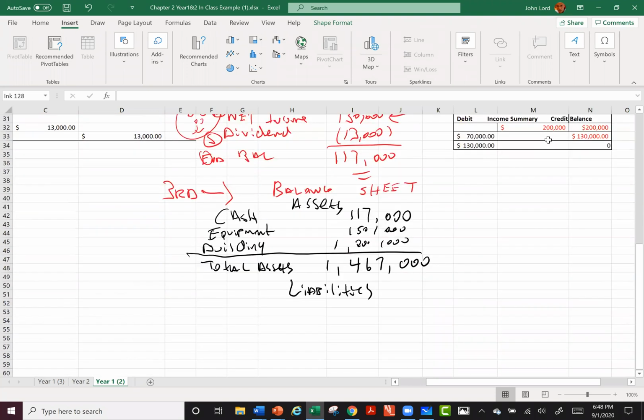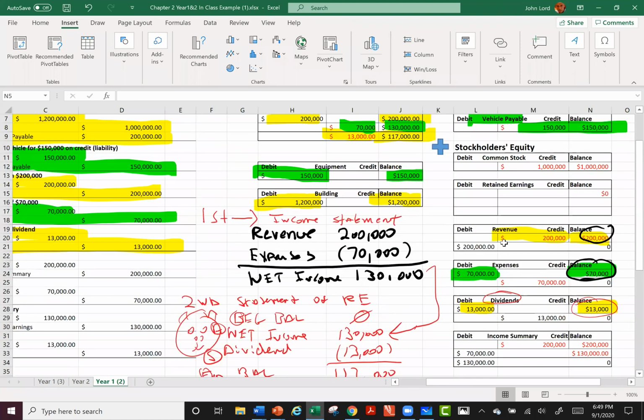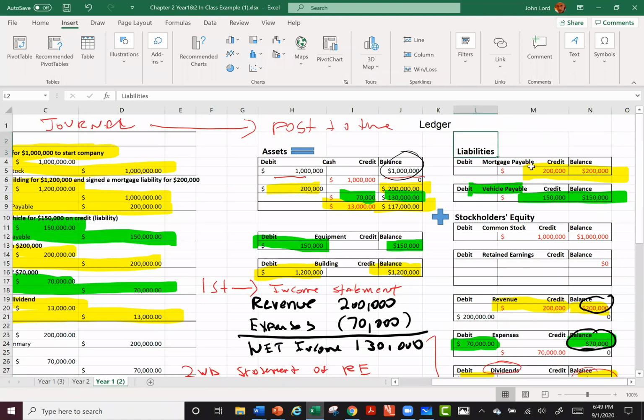We have the mortgage payable, $200,000. And we've got the vehicle payable, what was that? 150,000. Any more liabilities? No, I don't think so. Just those two, right? Okay.